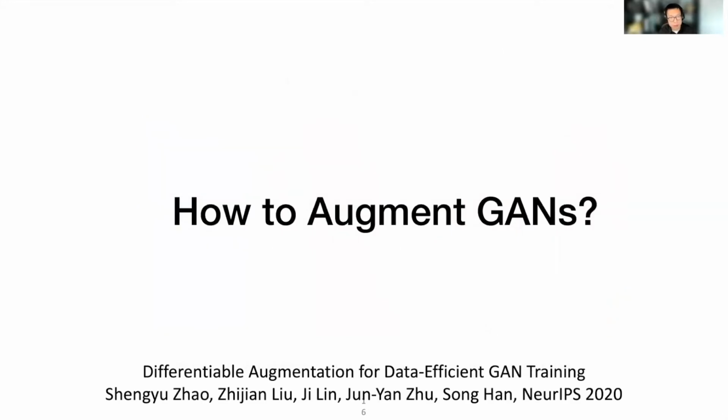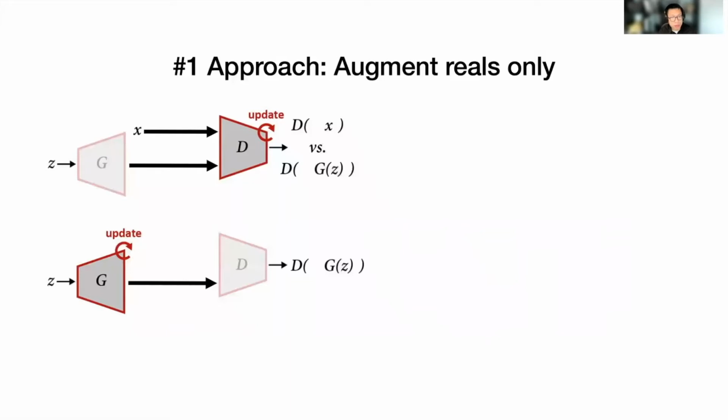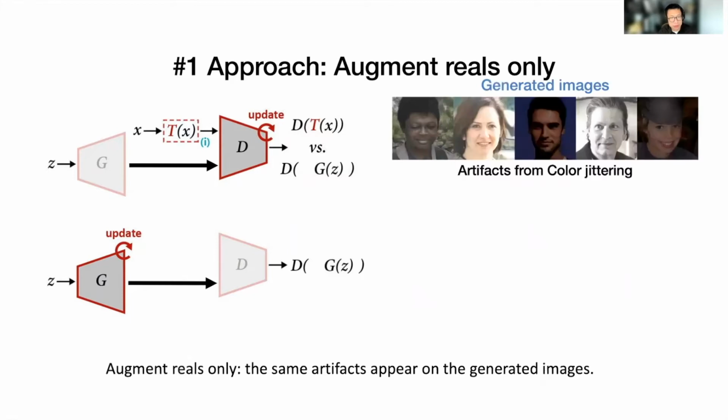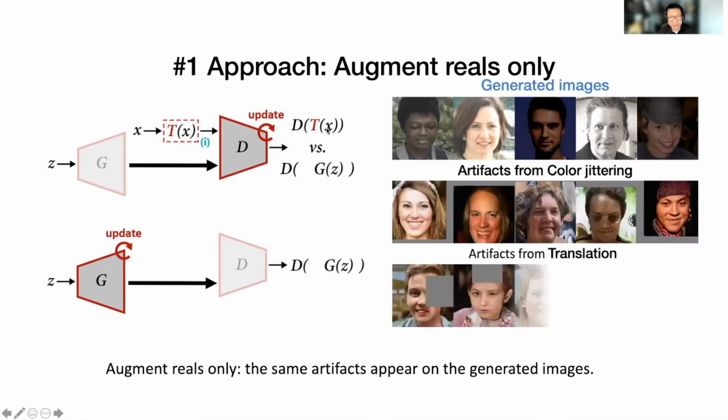This was a paper in collaboration with Shengyu and Songhai's group. And so the idea here is, what previous people have tried is you can apply this geometry transformation to the real images. And the issue here is if you apply a particular jittering or cropping, your generated image will also create these kind of artifacts.